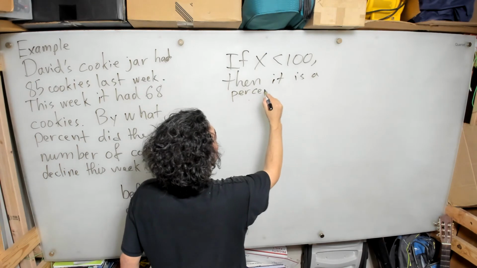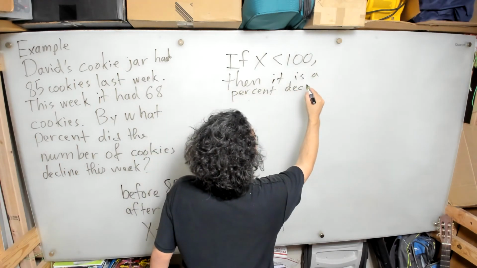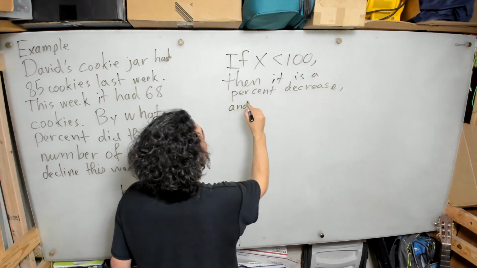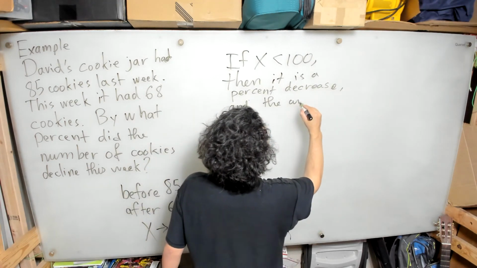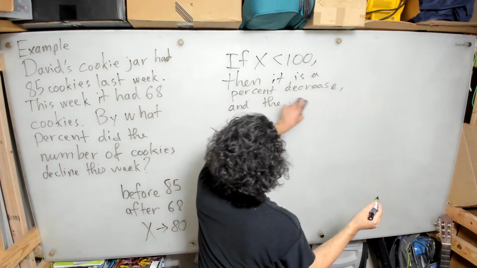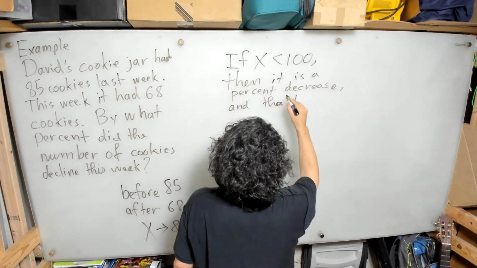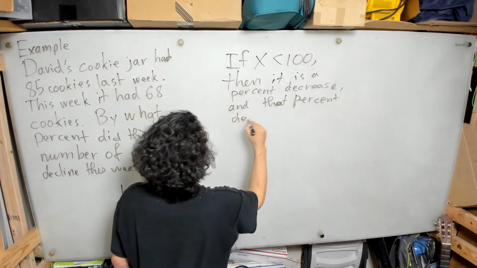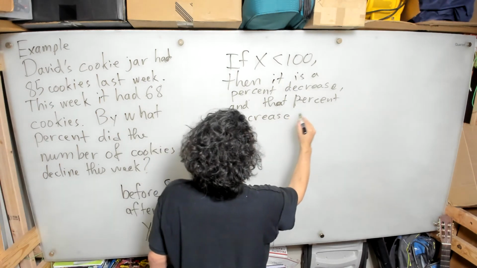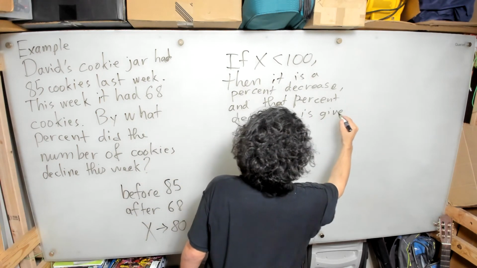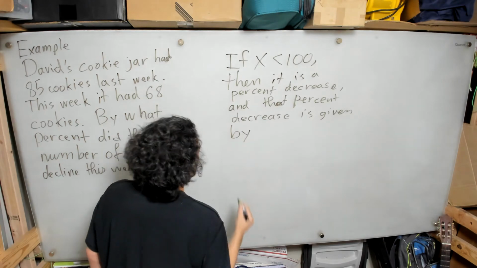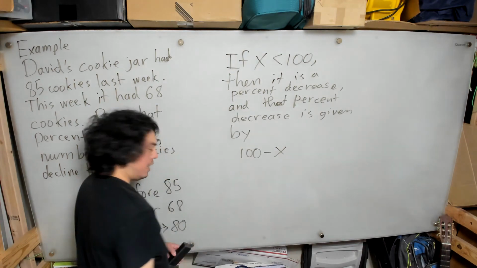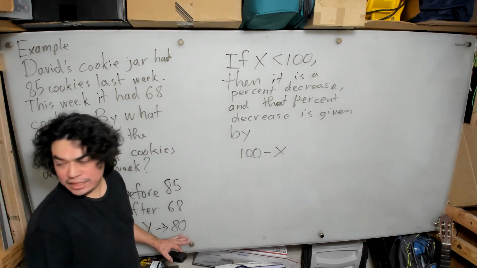And we expect that given the situation of the problem, right? It's a percent decrease. And the amount of the percent decrease is given by 100 minus x. Okay? In our case, that x is 80.